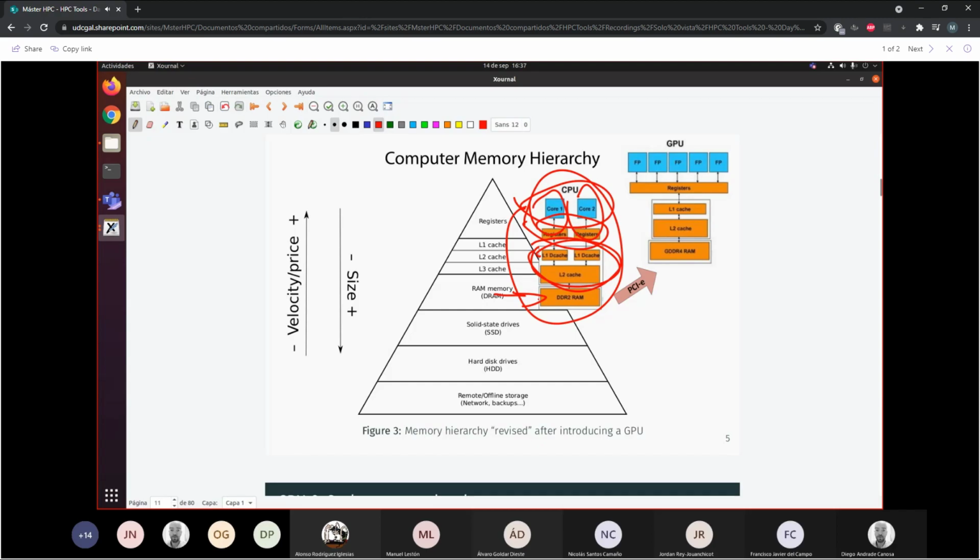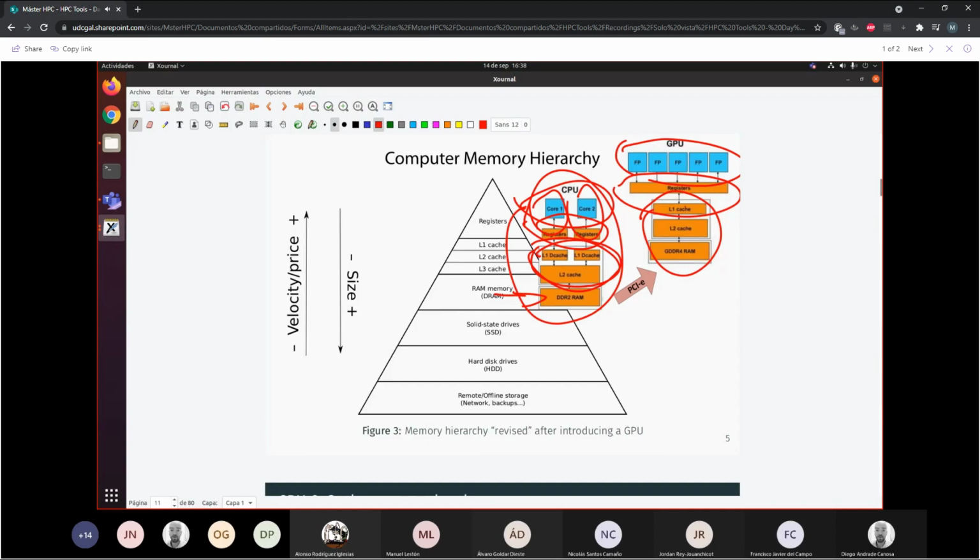They have a shared bank of registers, and then usually the levels of cache are shared among several of them, including also the RAM memory. So the idea of this slide is just to show you that depending on the type of architecture, the structure of the memory hierarchy can change. And this is something that you have to be aware of in order to improve the performance of your application.